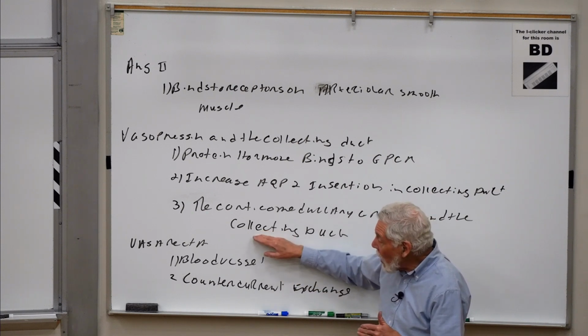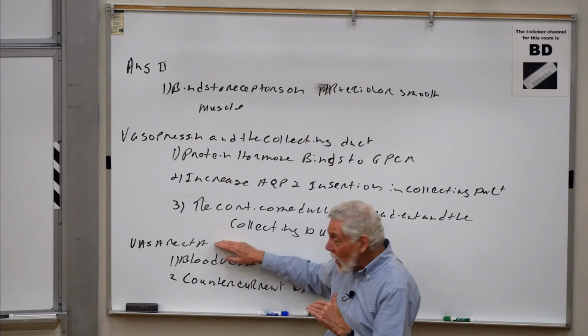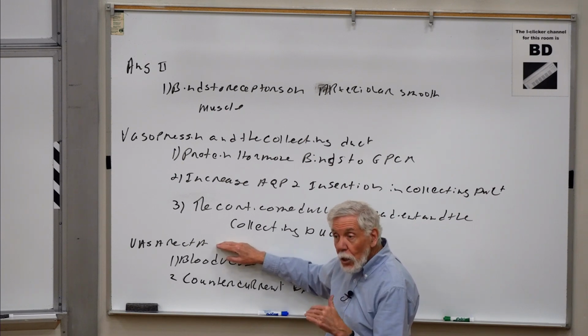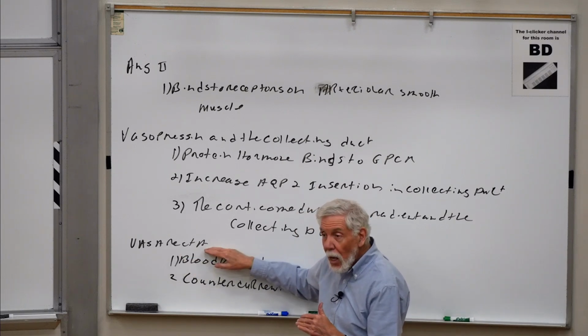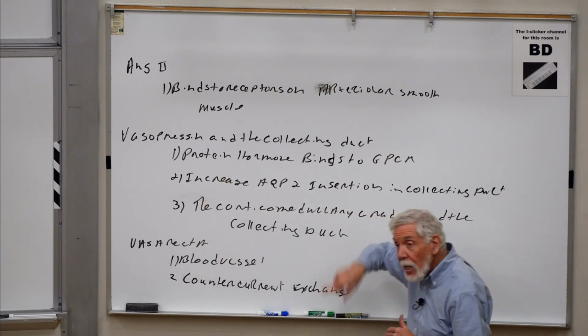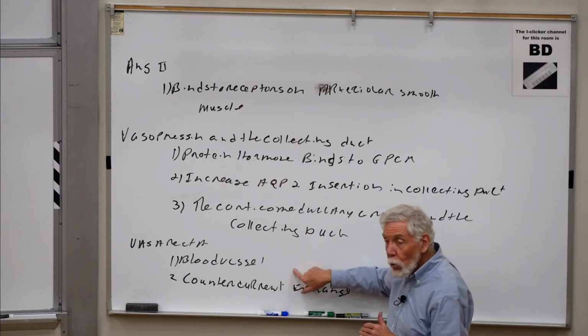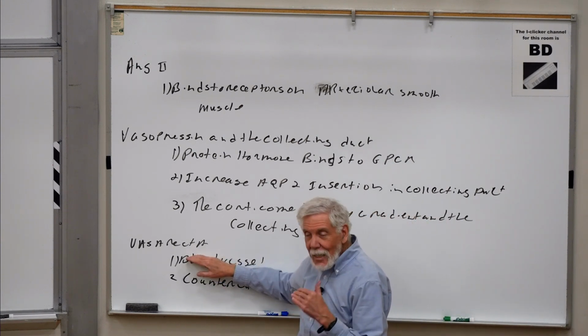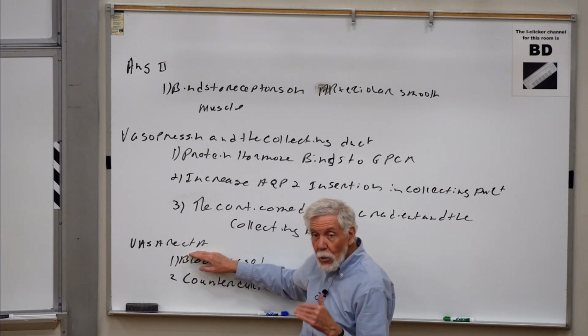So as the blood flows through the Vasa Recta, it gets deeper and deeper in the medulla. The concentration of urea and salt is going to come to equilibrium with the blood. But then as it runs by the hairpin turn and goes up the other direction, it's now going to get more and more dilute. What the Vasa Recta does is maintain the corticomedullary gradient.